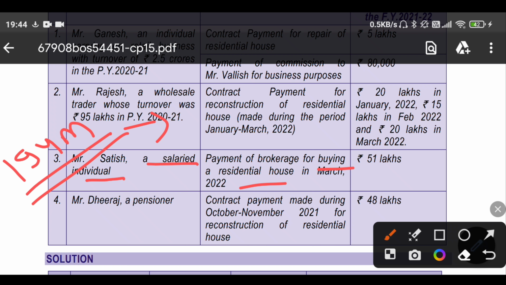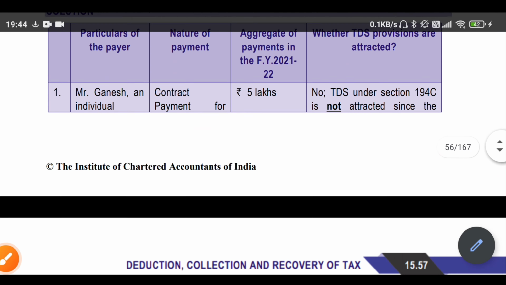So whether it is the payment for residential house we have to check. So 51 lakh which is exceeding 50 lakh, right, so 5% TDS will be deducted, so 2,55,000 TDS will be deducted.